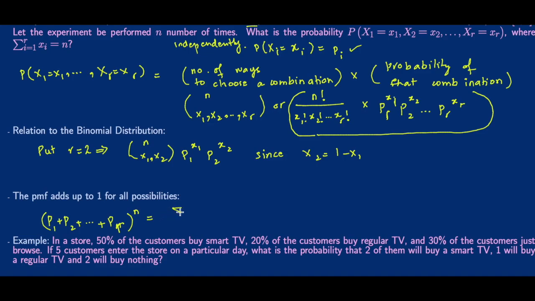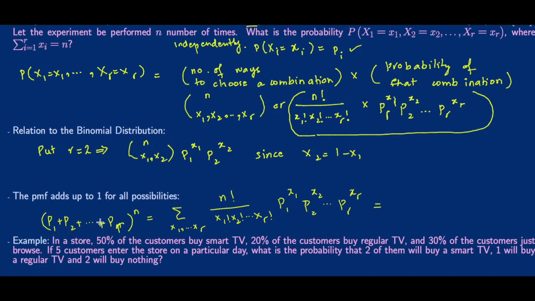This is exactly equal to the sum over x1 up to xr of n factorial divided by x1 factorial, x2 factorial, up to xr factorial, times p1 to the x1, p2 to the x2, up to pr to the xr, where the sum of all xi's should be equal to n.